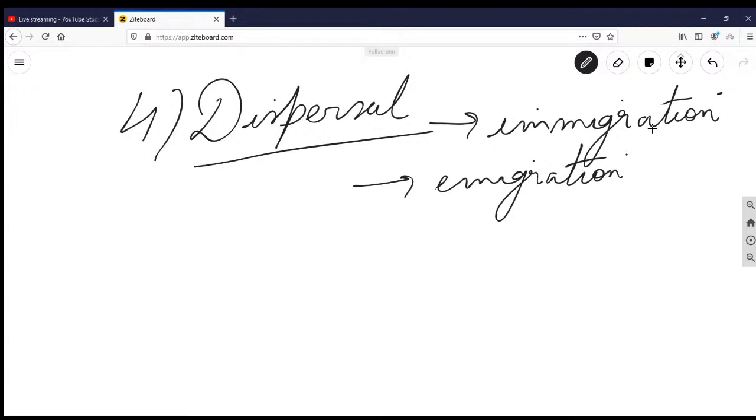Immigration increases the population size and density, while emigration will, by common sense, decrease the population size and density. But the prospect of emigration is that although it decreases the population size and density in that specific area, wherever the species venture, it adds more and more area for exploration, and if they are able to adapt, they will be able to proliferate in other areas besides the given area they have already adapted in.